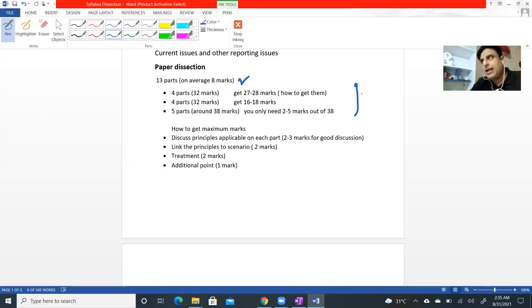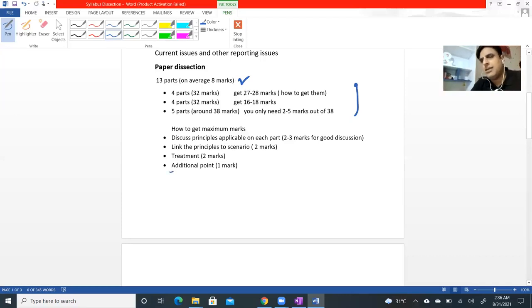But as you have spent some money on your paper setting, definitely you will prepare it well. So my recommendation would be choose your best 4 parts which you can solve. And try to get as much as you can. At least 27 to 28 marks you should get.